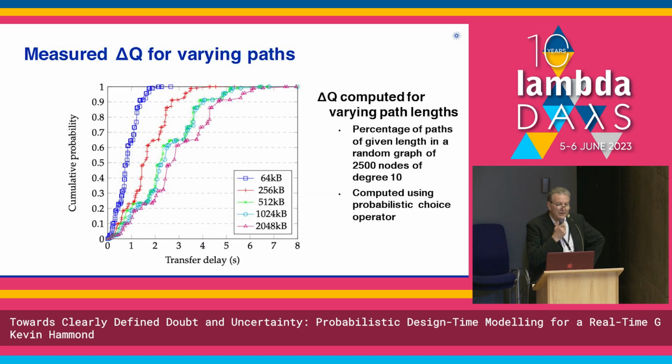So you do that, and what you end up with is a graph that looks something like this. This is in the paper. It's not a trade secret. You can go and download the paper and see the graph. Essentially, we've measured the delta Q for various different sizes of block and various different paths, assuming 2,500 nodes connected in a graph of degree 10.